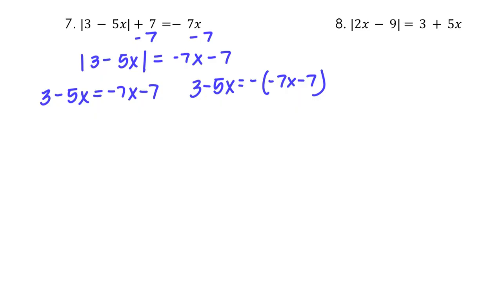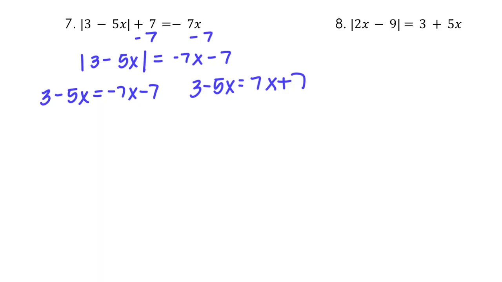Realistically, in Algebra 2, we should be able to immediately go, okay, that means the signs are going to change: 7x plus 7. Yeah? So we should be able to make that jump without showing the work. If you want to show the work, totally fine. I'm not going to judge you. But if you want to just jump straight to that, you can.